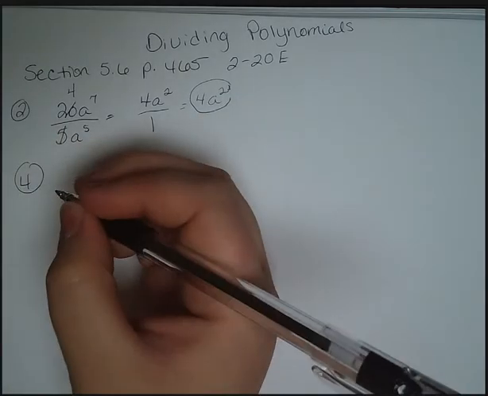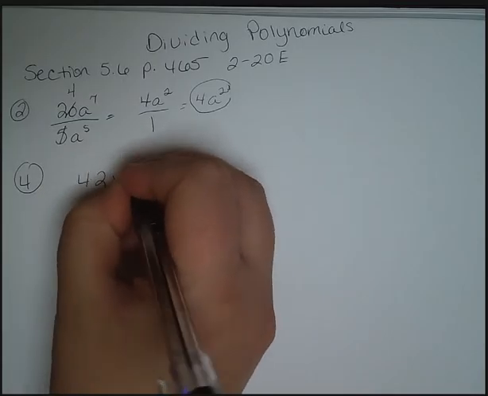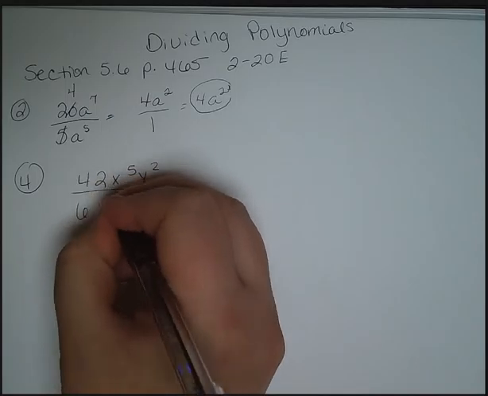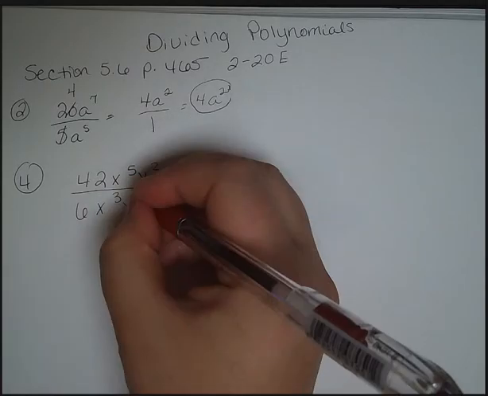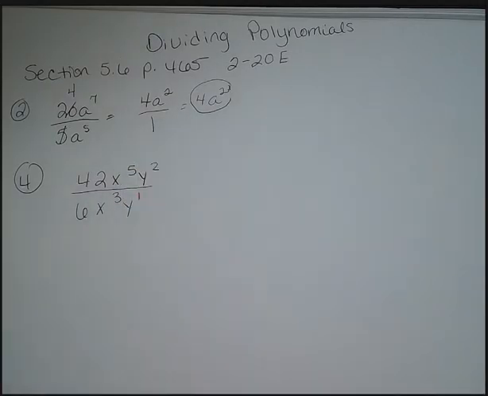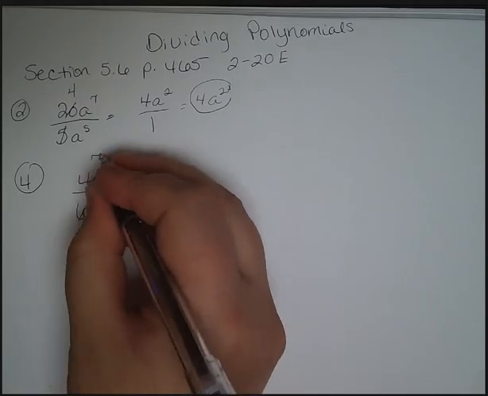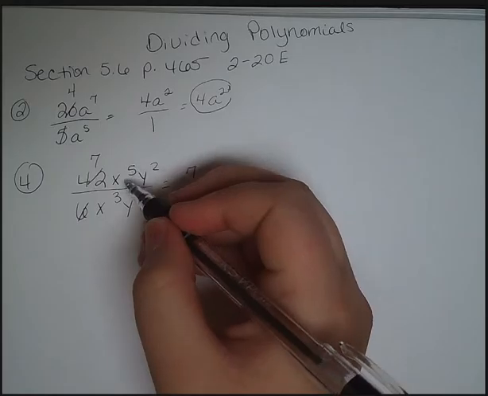Number 4, we have 42x to the 5th y squared over 6x cubed y. Remember, it's always good to draw your 1 if it's not written on any of your exponents. 6 goes into 42 7 times. x to the 5 divided by x to the 3.